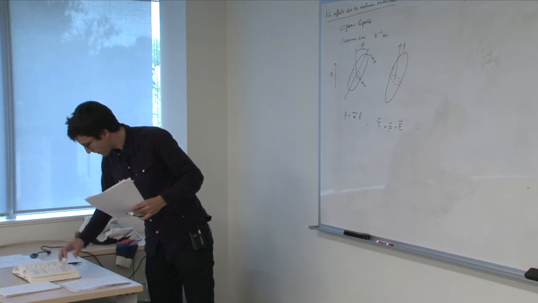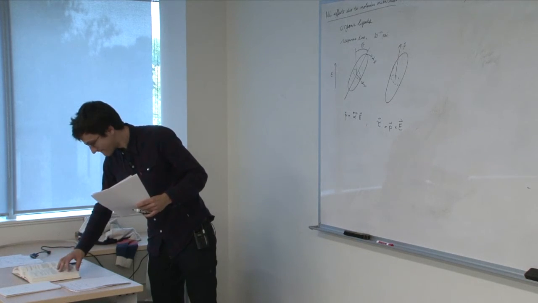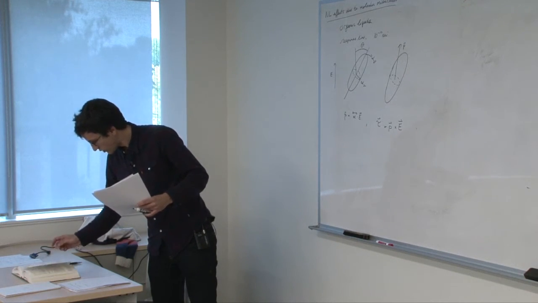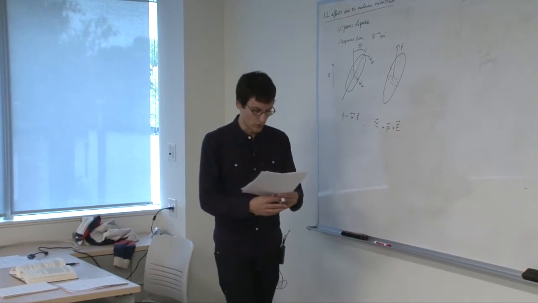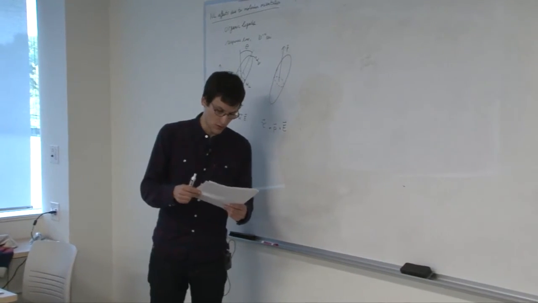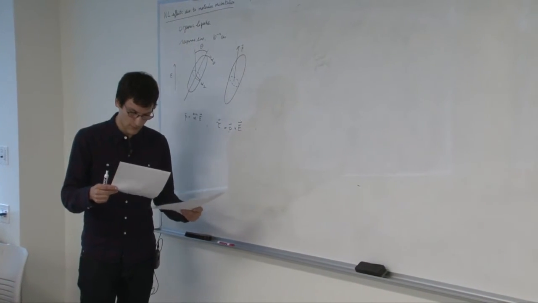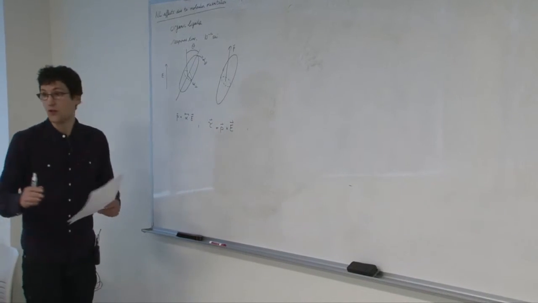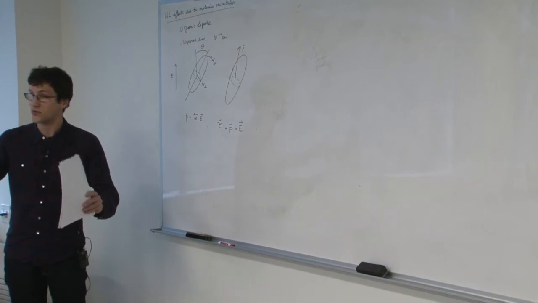So, yeah, I will probably not talk about it. In that case, it should be somewhere in the book then. Okay. Well, let me just write it down to be on the safe side.